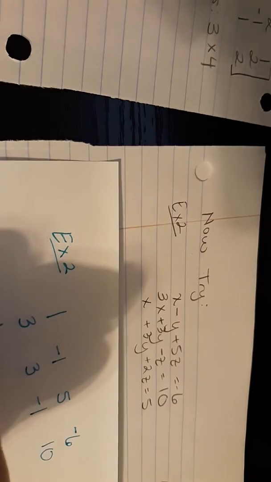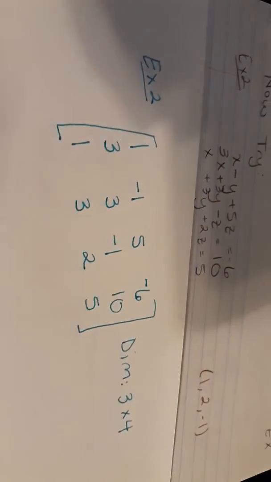The last row is going to be 1, 3, 2, and 5. So this creates what's called your augmented matrix. You always want to write that down. The dimensions are 3 rows by 4 columns. So I'm going to ask for that on your test, is to give me the augmented matrix and the dimensions.